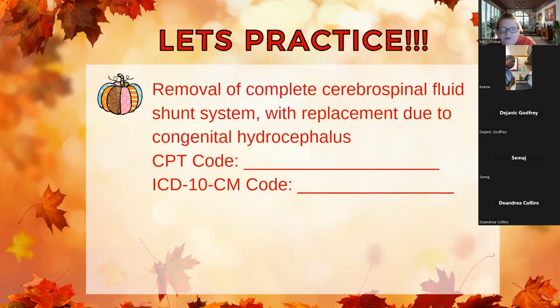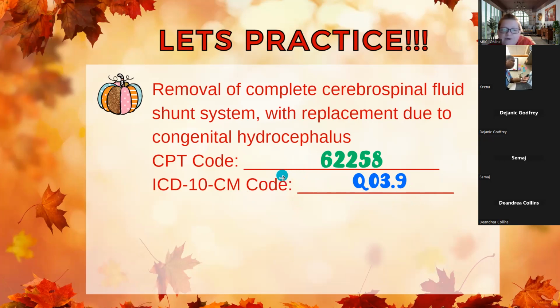The ICD-10 code is the why. Why did we do that for that patient? Because they had congenital hydrocephalus. So you start with hydrocephalus in your alphabetic index, and for your CPT code it'll lead you to 62258, and your ICD-10 code will be Q03.9.